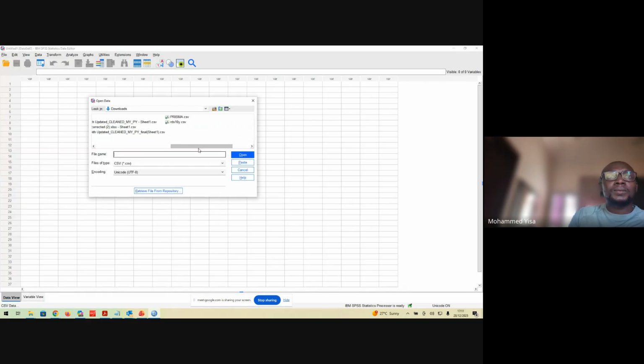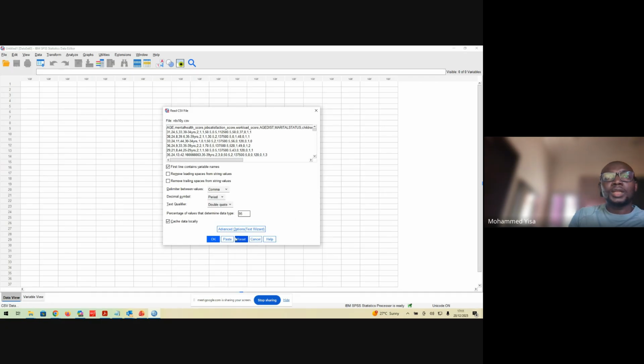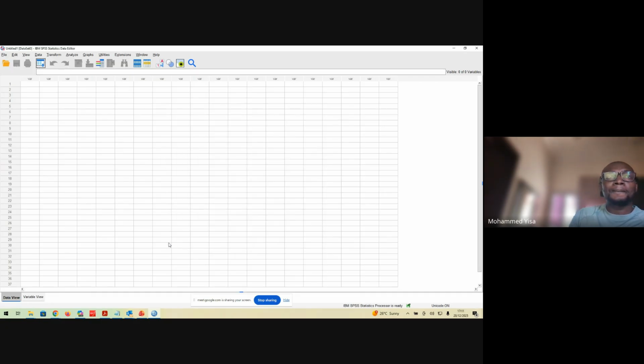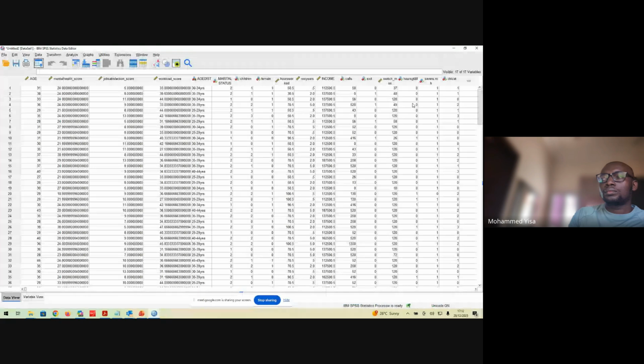RDS 10Y CSV. And then OK. And we have the data set imported.